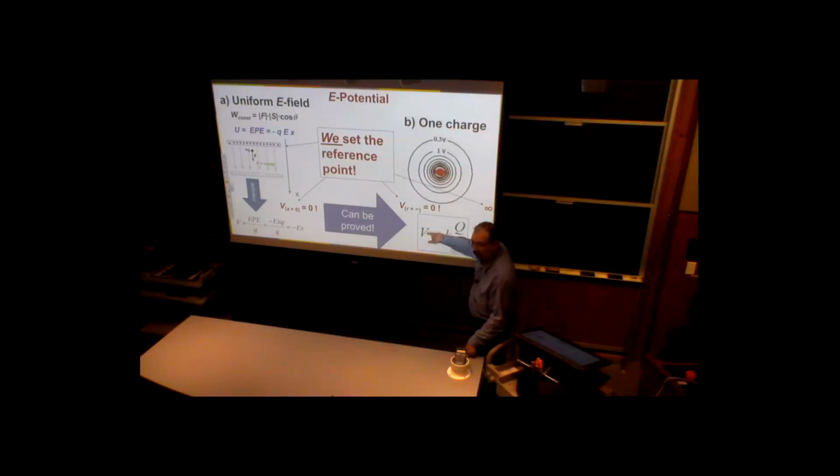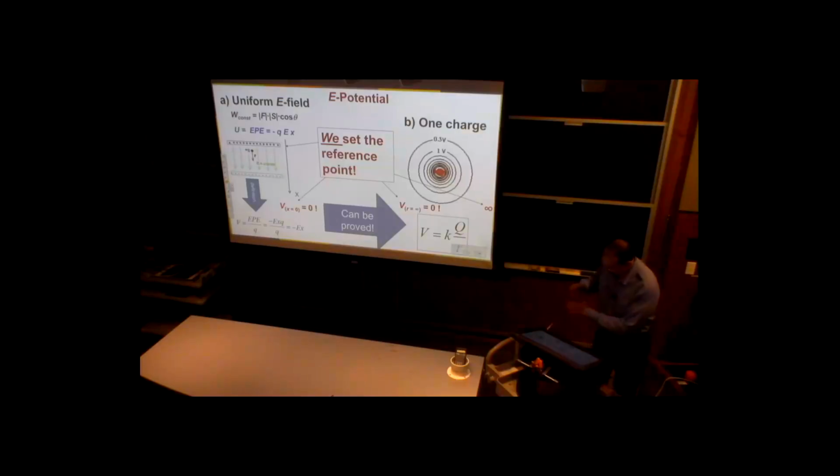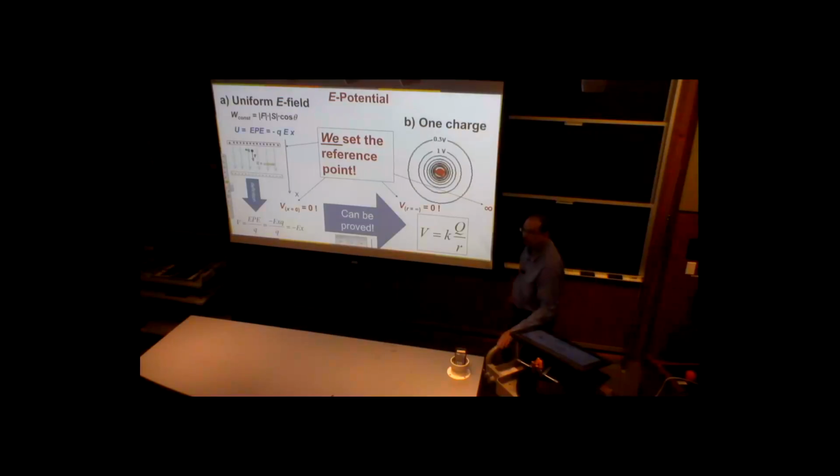This is the electric potential of a point charge. Same constant, Q is the charge which generates the electric field, not the magnitude, the actual value. And r is the distance from the charge to the location where we're calculating or measuring electric potential.